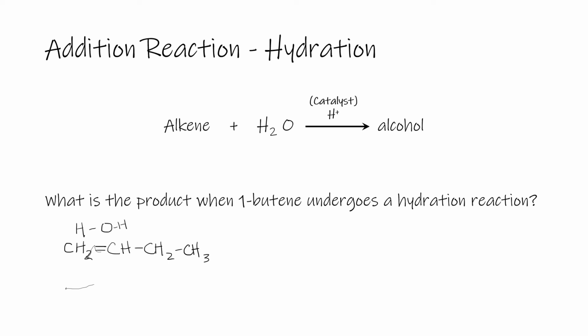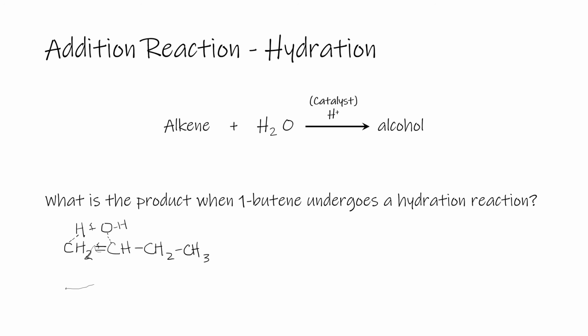What happens in a hydration reaction is that the bond between the oxygen and one of the hydrogens is going to break. One of the double bonds breaks. You form a new bond between the oxygen and one of the carbons involved in that bond, and the hydrogen and one of the carbons. Now you might be wondering, how do you know which carbon the oxygen is going to bond to and which one just gets the hydrogen?